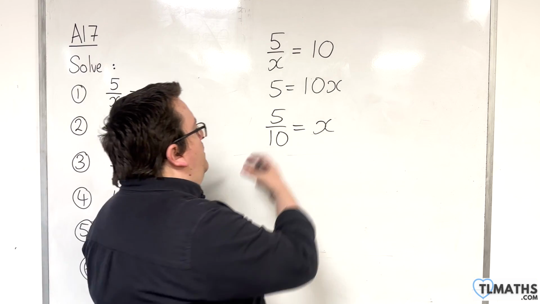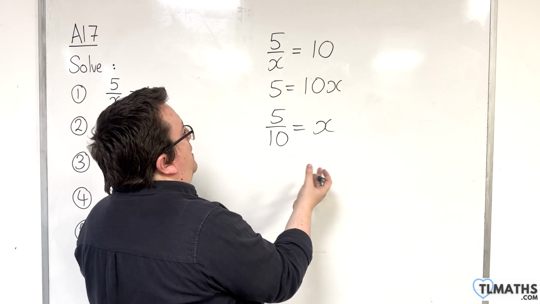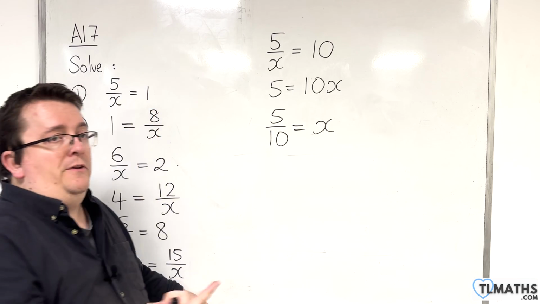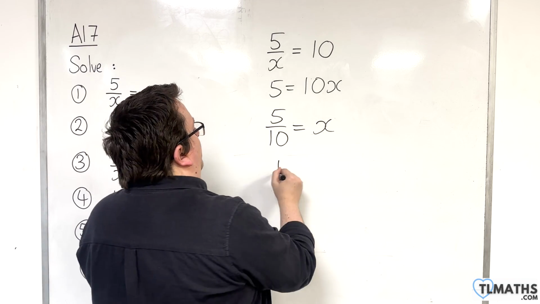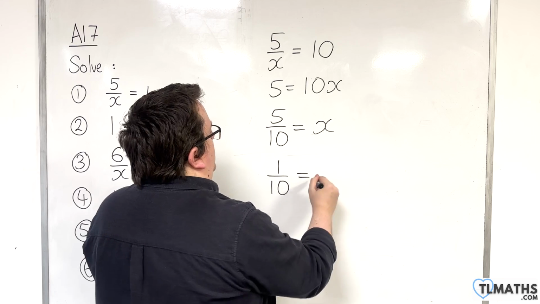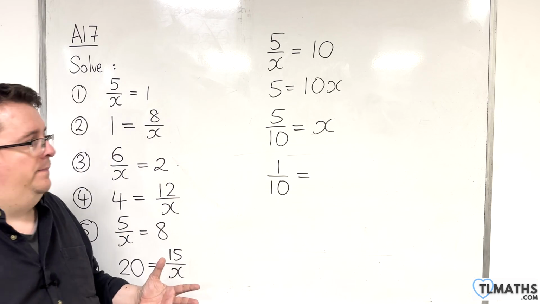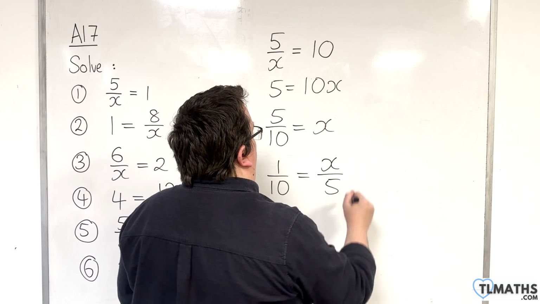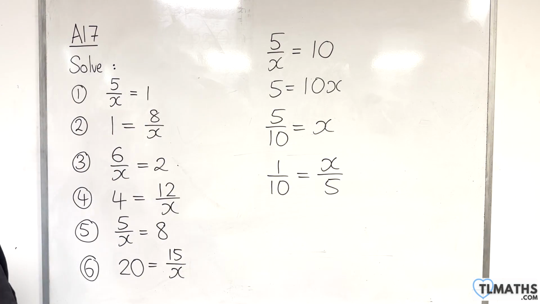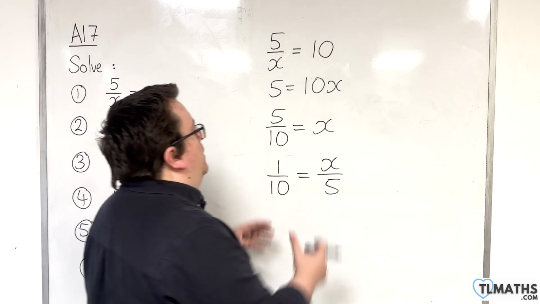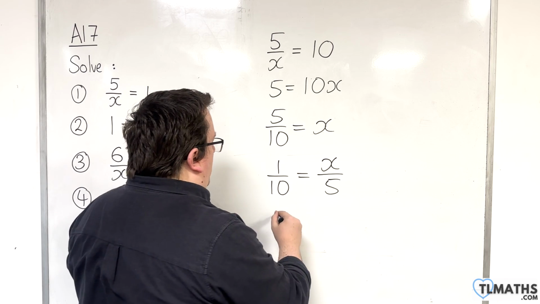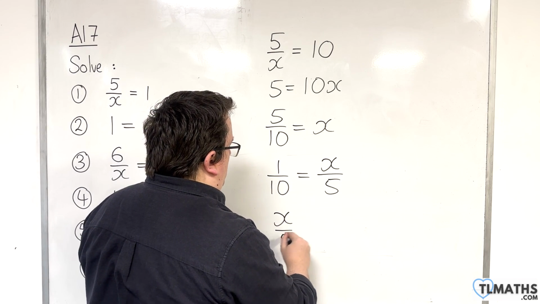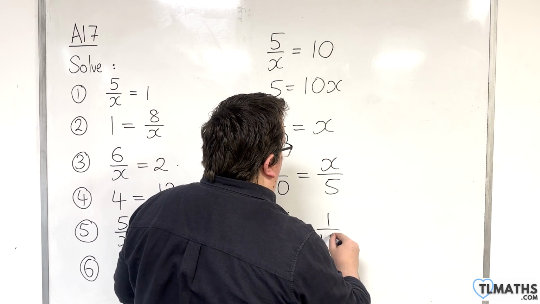If you divide 5/10 by 5, you just get left with 1/10. You had 5 of them, you've now got 1 of them. And if you divide the right-hand side by 5, you get this. And of course, you can write those the other way around as well. We're all in agreement of that.